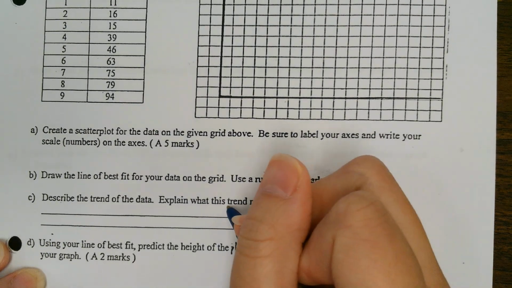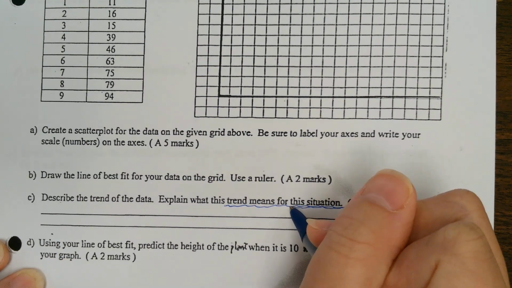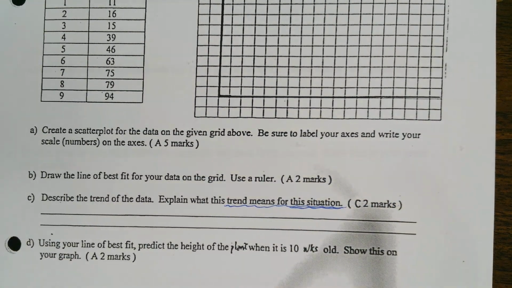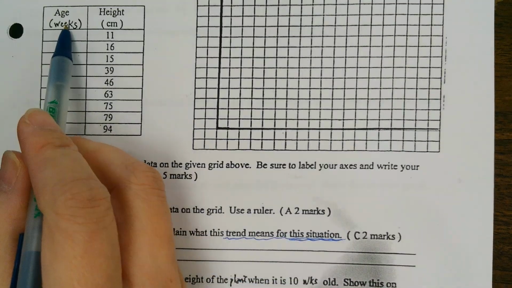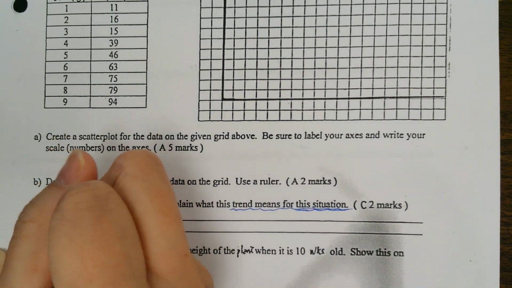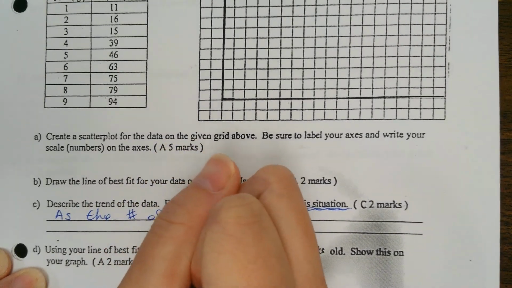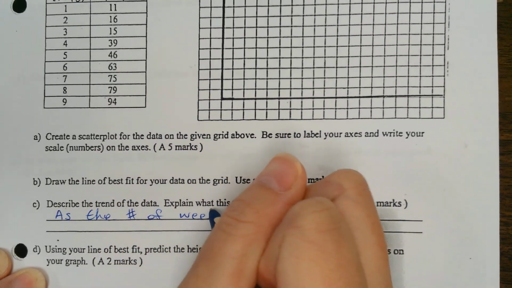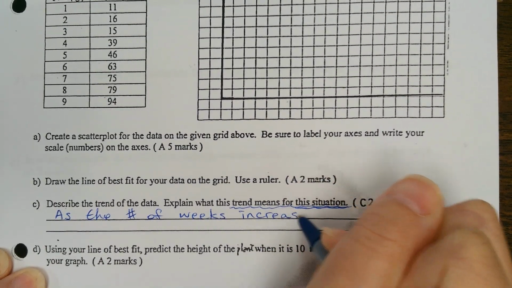So we did an assignment before. Remember how I said in this situation, in the context of the question? I don't want you to define again what a line of best fit means. I want you to refer to weeks and height of the plant. So as the number of weeks increase, what happens to the height of the plant?